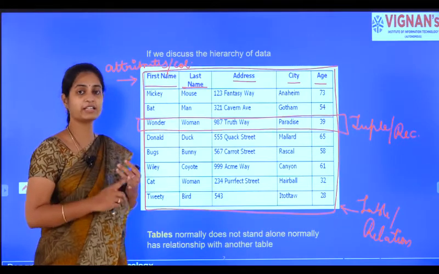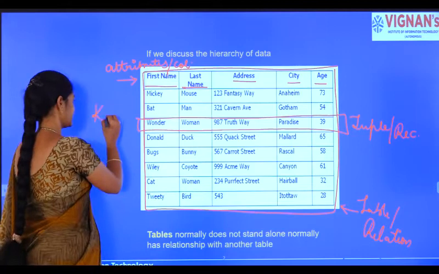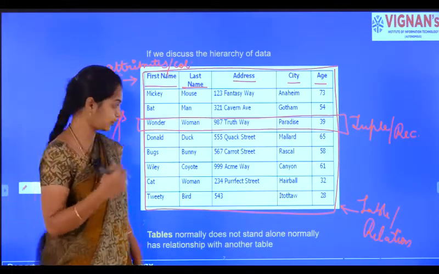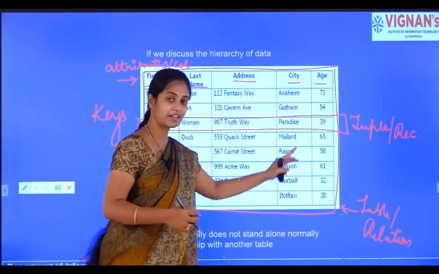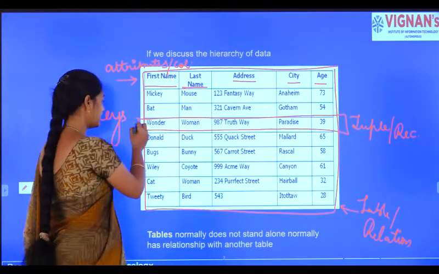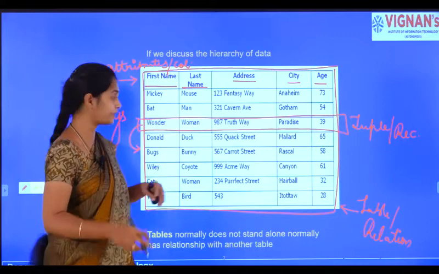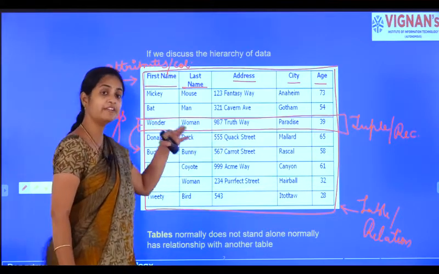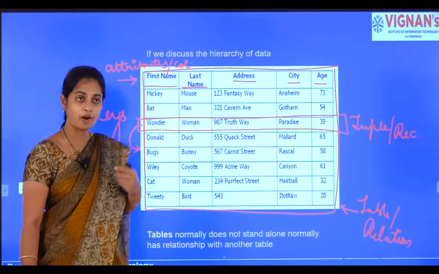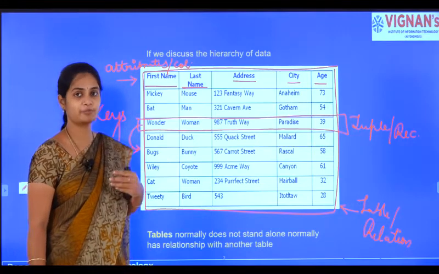For these questions, we have an answer: keys. They identify to which table or relation the tuple belongs, or what kind of relation this tuple has with another tuple in another relation. We will know the answer in the coming few minutes.